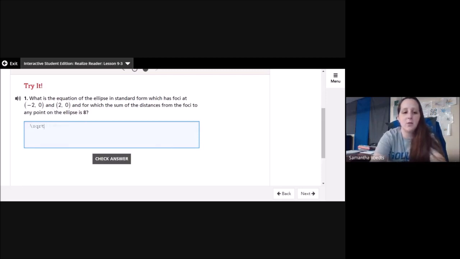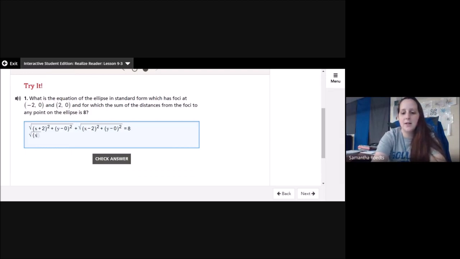So I get the square root of (x minus -2, which is x plus 2) squared plus (y minus 0) squared, plus the square root of (x minus 2) squared plus (y minus 0) squared, and that equals 8.